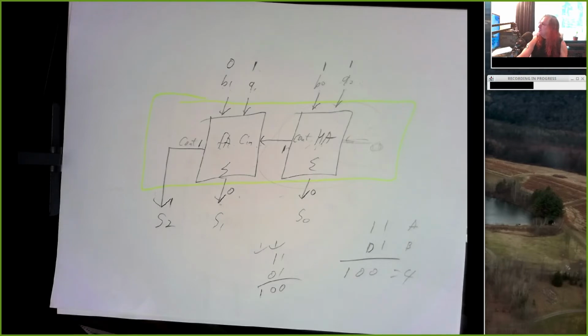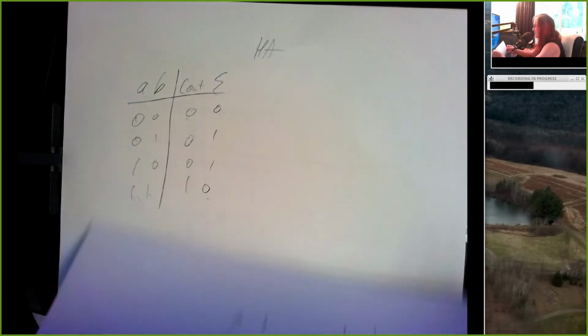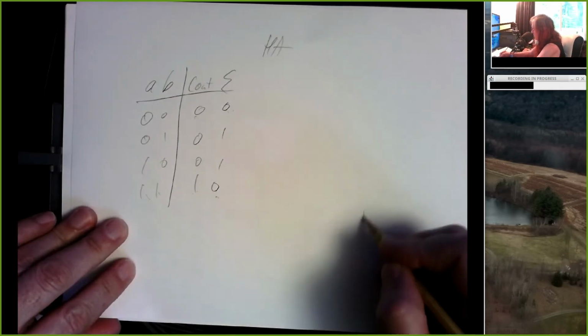Alright, I believe that's everything you need for Lab 4. And that's everything you need about full adders and half adders, other than the observation that you can continue this process.